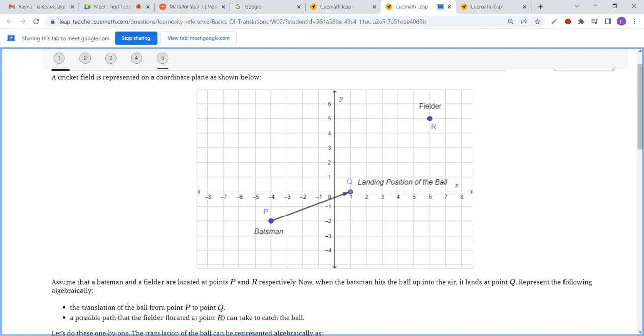He needs to reach till Q. Q is marked. 5 left you said is correct. How much down? Not 4, not 4. Count back again. Yeah, 5. 5, not 4.